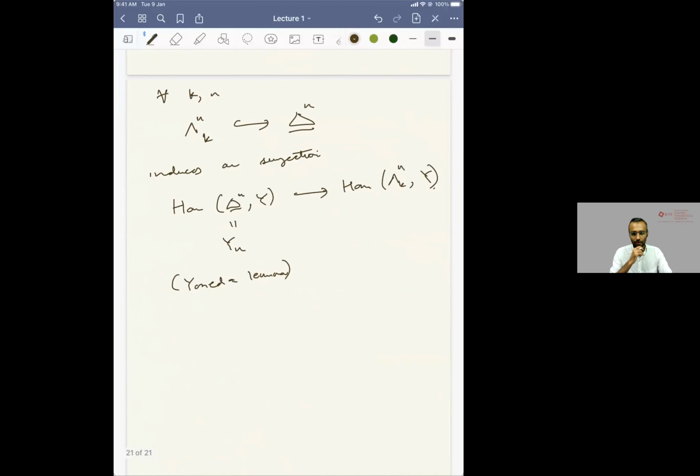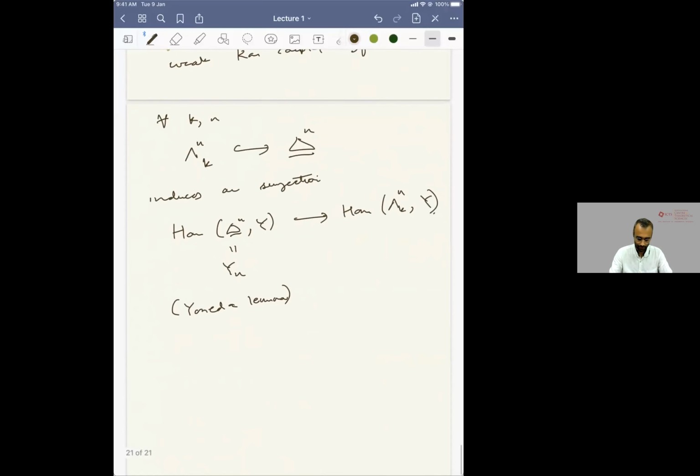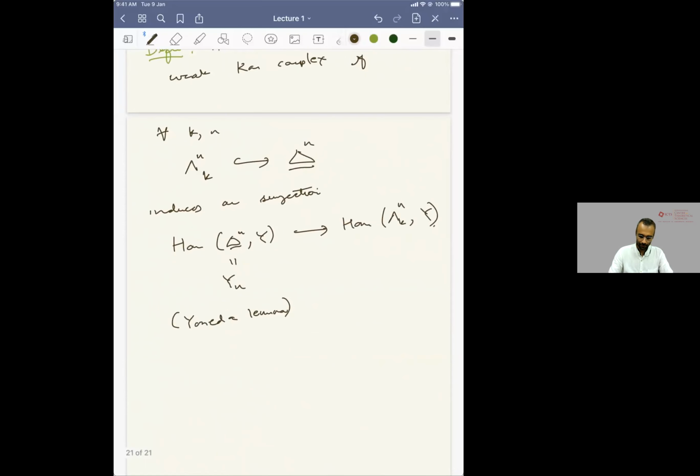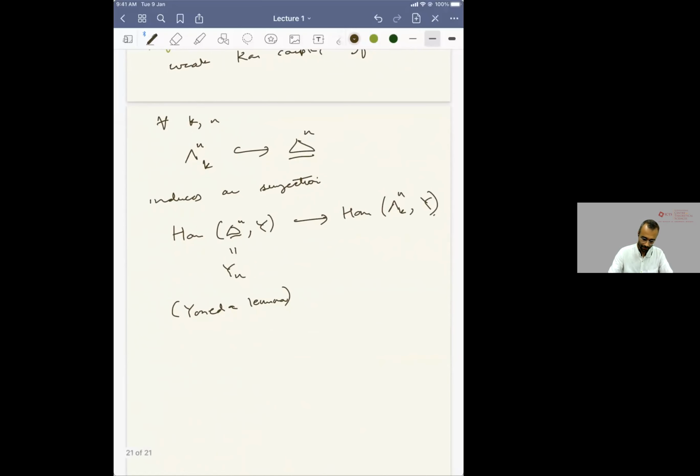Okay. So I'm using the Yoneda lemma here. I don't know if I should explain that. I don't know if I have the time actually, but I can. The point is that maps from the abstract n-simplex into Y are just the same thing as the n-simplices. This is a special case of the Yoneda lemma. Maybe I can just write it here.